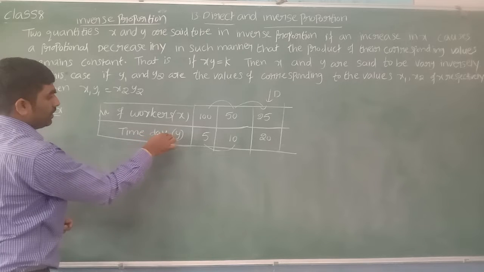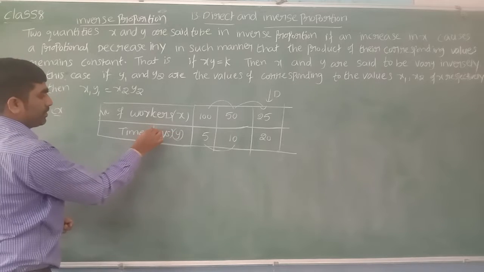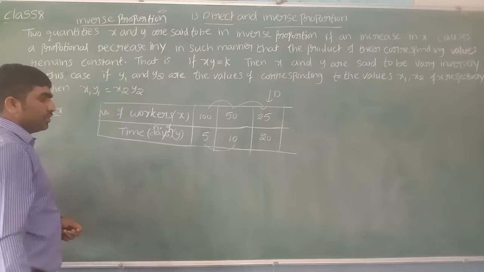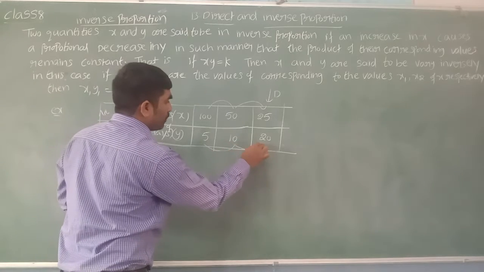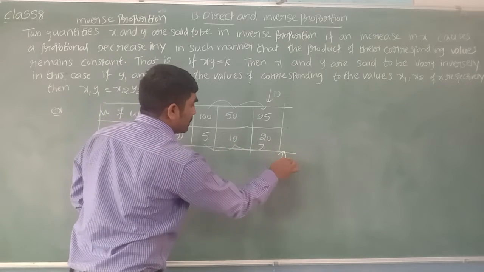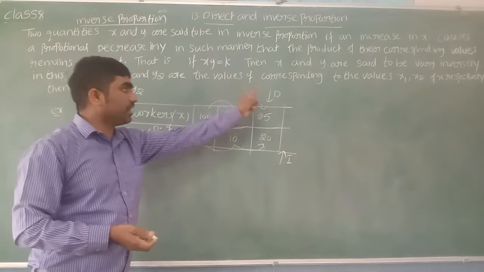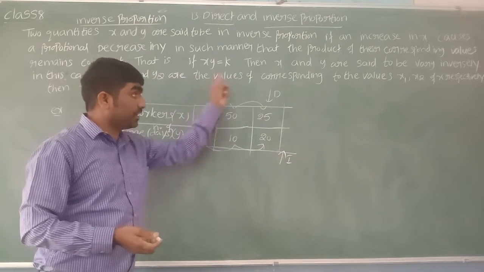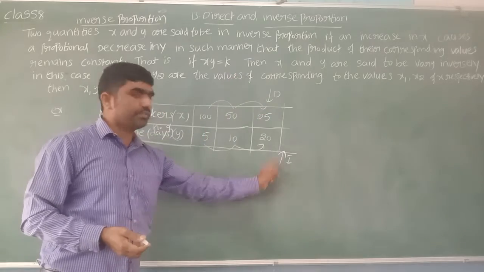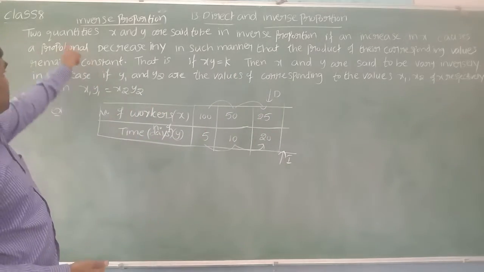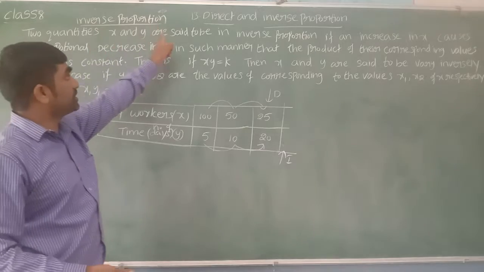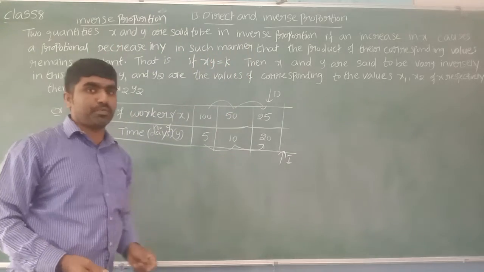I am taking number of days as time. So 5 to 10, 10 to 20, the number of days is increasing. The first quantity is decreasing, the second quantity is increasing. You can see here that the two quantities x and y are said to be in inverse proportion.